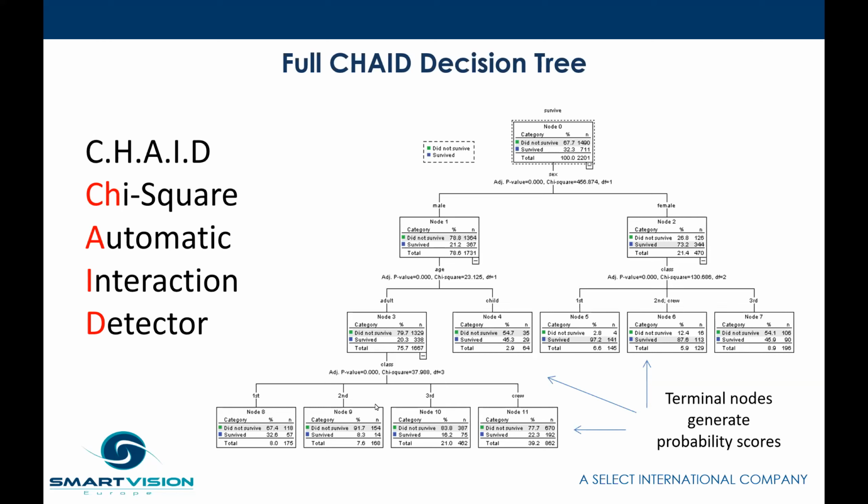And then it splits it into class. And what's interesting here is that we get an interesting exception to the rule. Previously, we saw survival rate decreasing between first, second, and third class. But here, if we're looking at male adult passengers, in fact, survival for first-class passengers was 32%. For second-class passengers was 8%. For third-class passengers was 16%.